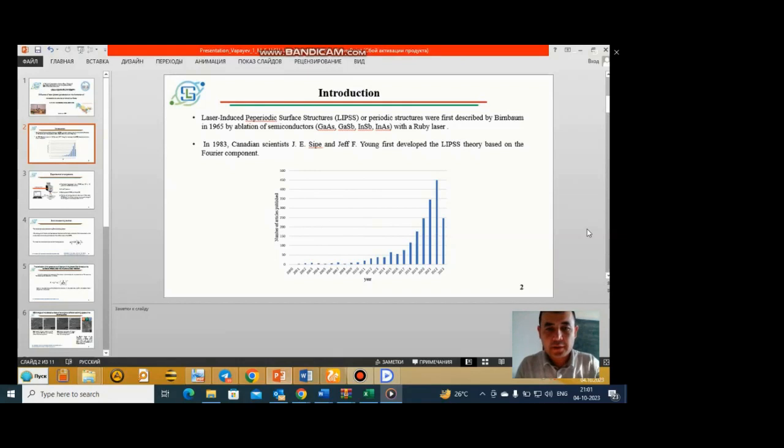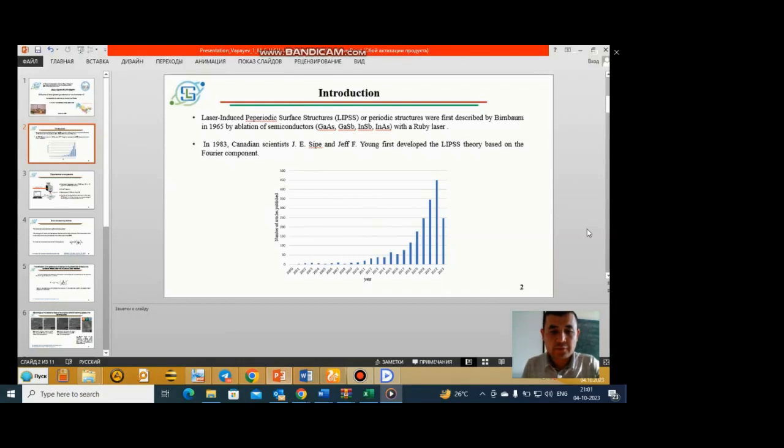In recent years, the interest of scientists in this field is increasing. We can see an increase in the number of articles on LIPSS in the Web of Science database.